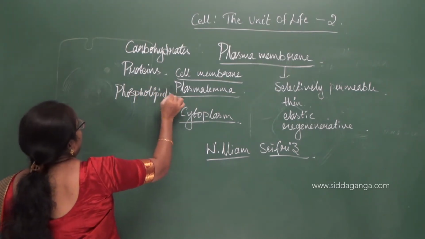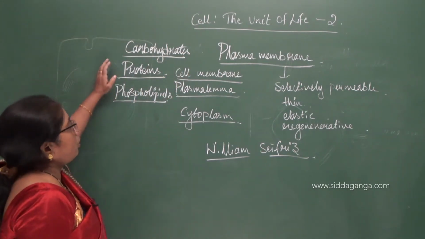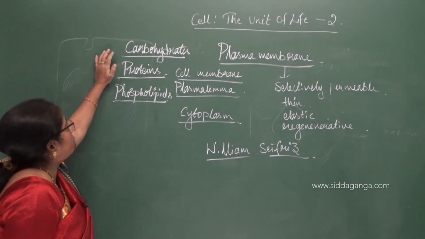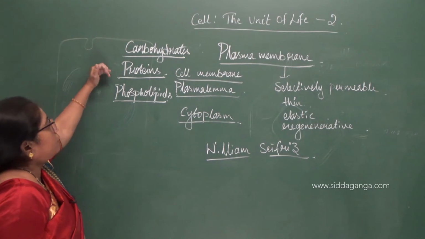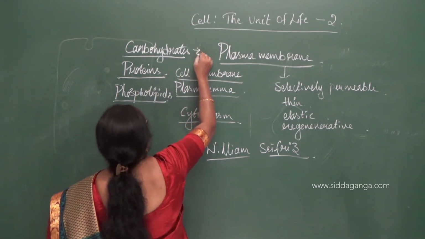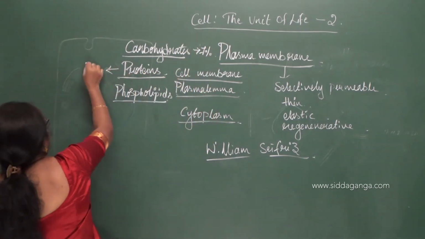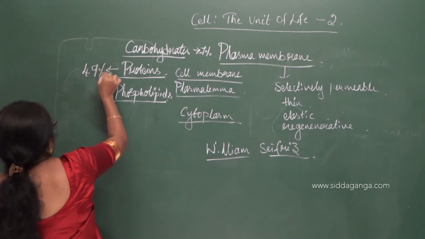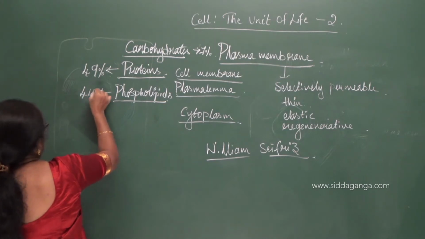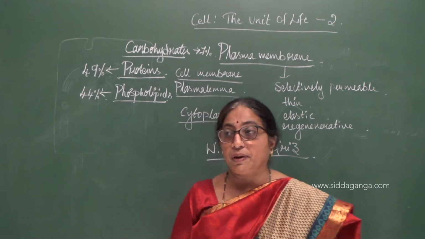I hope you all know what carbohydrates, proteins and phospholipids are. They are all biological molecules, organic molecules present in the body of human beings. The carbohydrates are about 7%, the proteins are about 49% and the phospholipids are nearly about 44%. So this is the chemical composition of the plasma membrane.